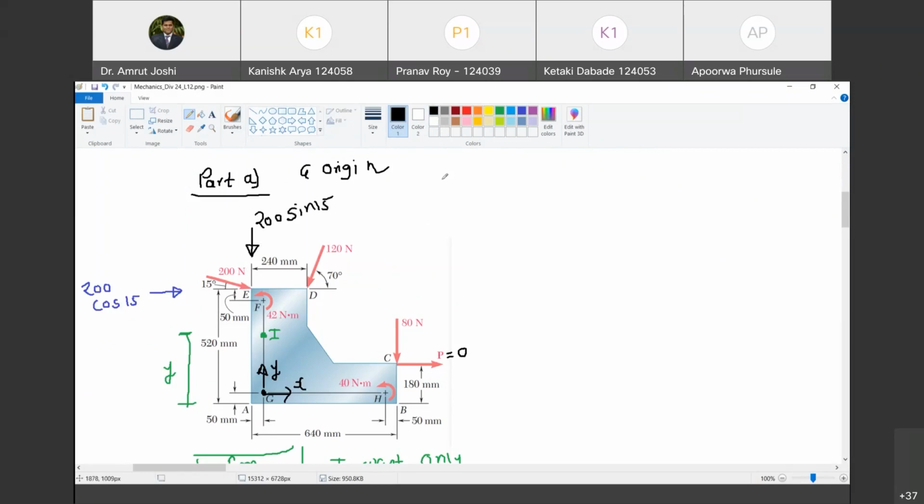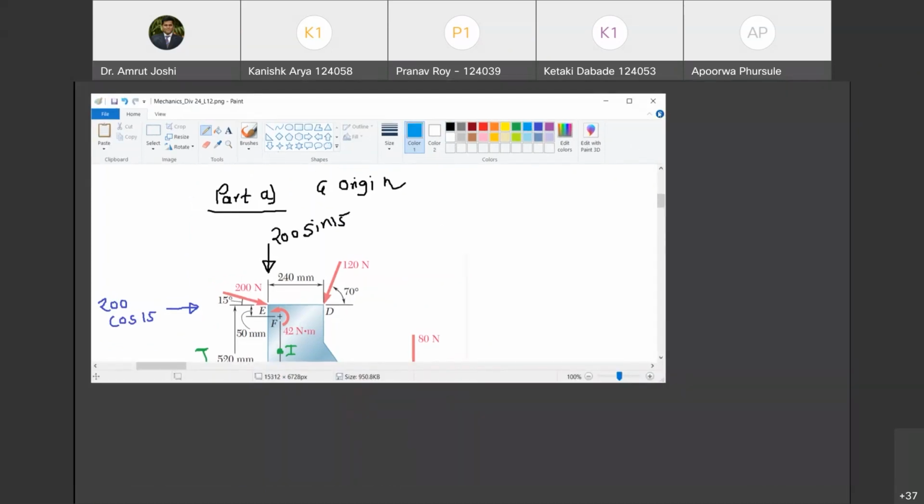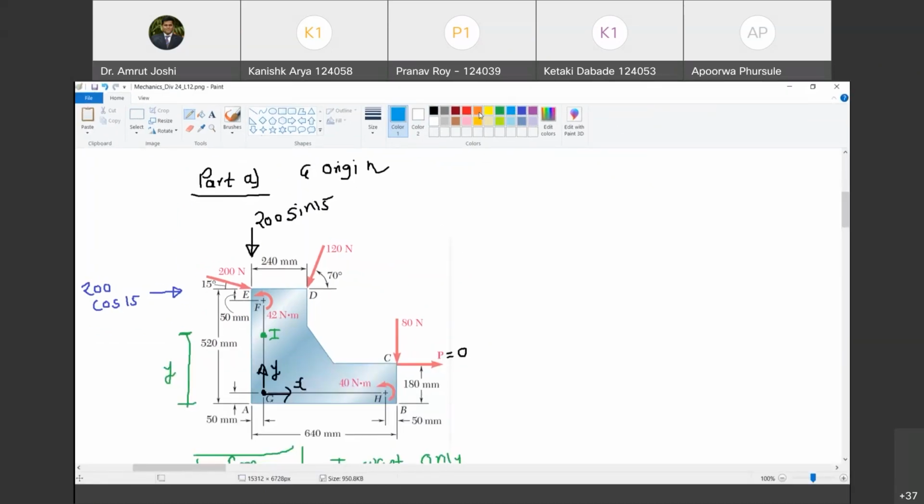Then what is the x component of the 120 Newton force? Tell me. Minus 120 cos 70, sir. Yes. So minus means it is going towards the negative x direction. But when we show its direction to be towards left, then we will not incorporate the minus sign once again here. Are you with me? Yes, sir. So it is 120 cos 70.